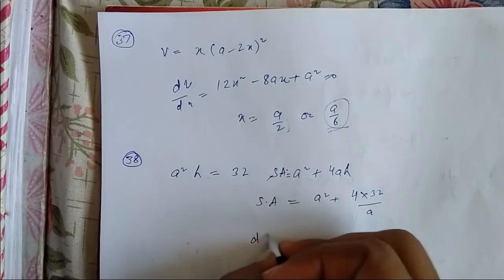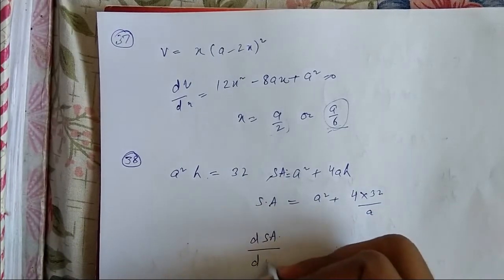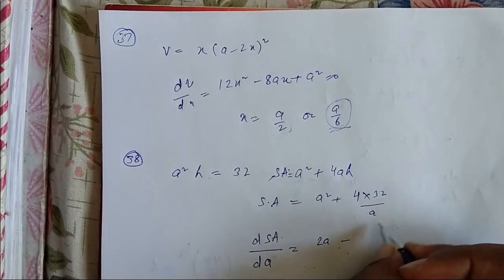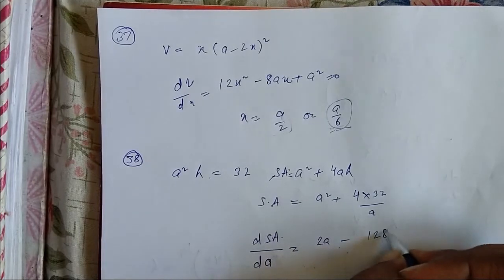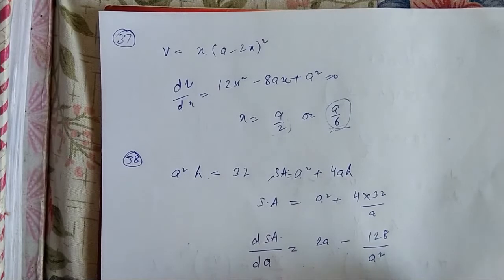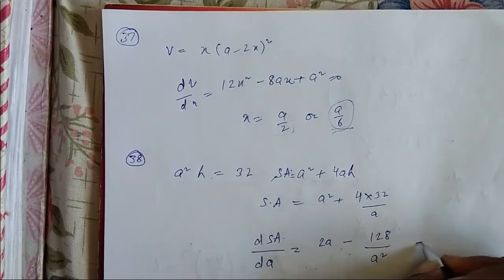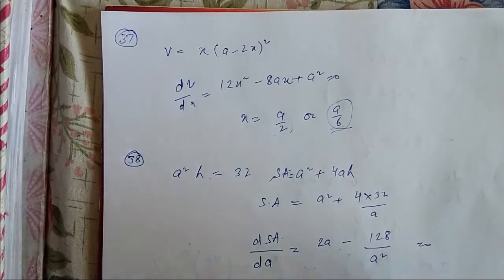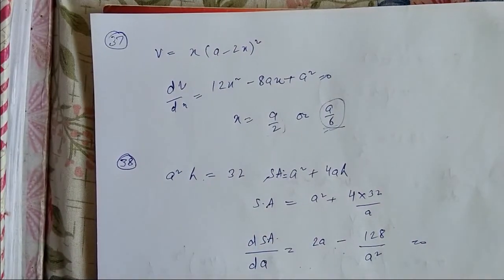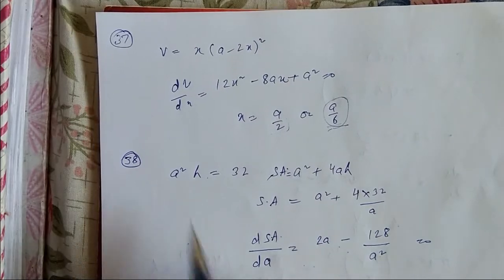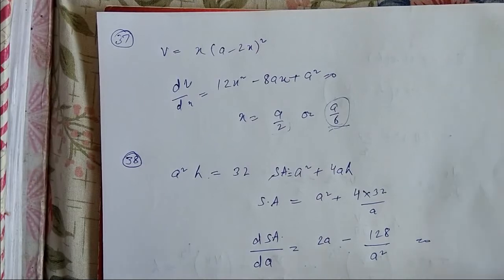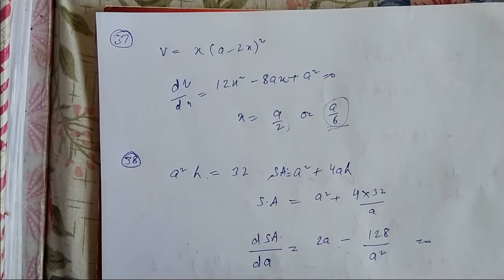Now dSA by da is equal to 2a minus 128 upon a squared is equal to 0. If this is equal to 0, then a has to be equal to 4. Okay, so if a is 4, we get h is equal to 2. Now if we know a and h, we can calculate the surface area.